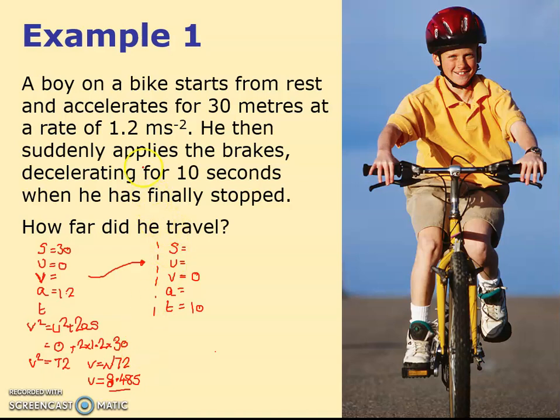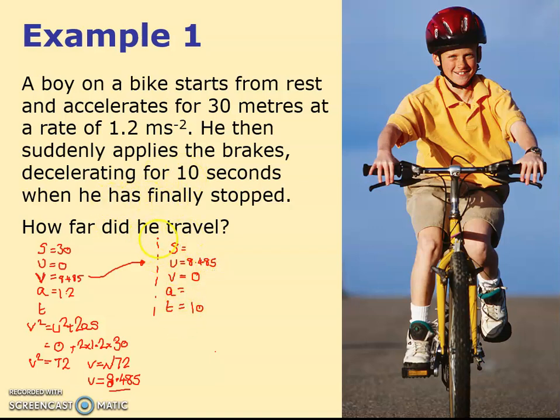Now in the second stage, as I said, the key is the fact that this velocity here, which we now know is 8.485, becomes the initial velocity, 8.485, of the second part of the journey. What is it after?